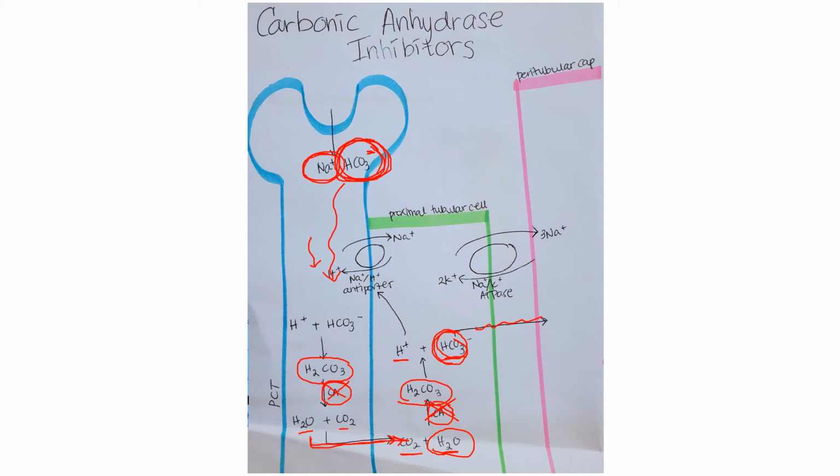So that means that our kidneys would actually reduce the amount of bicarb being filtered out in the urine. So that's the compensatory mechanism, meaning that the action of carbonic anhydrase inhibitor is sort of self-limiting, and that's why it's only a low ceiling diuretic.